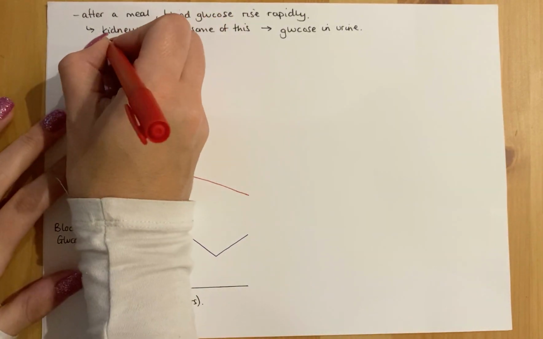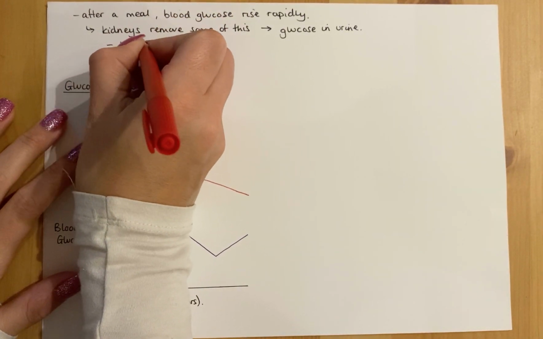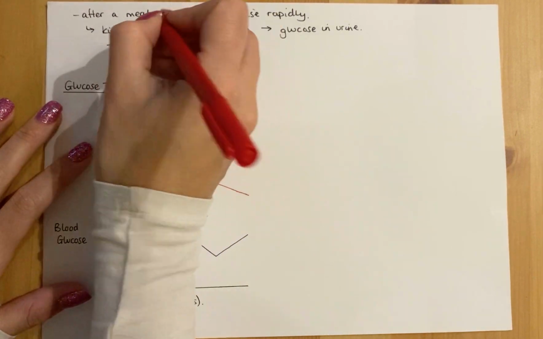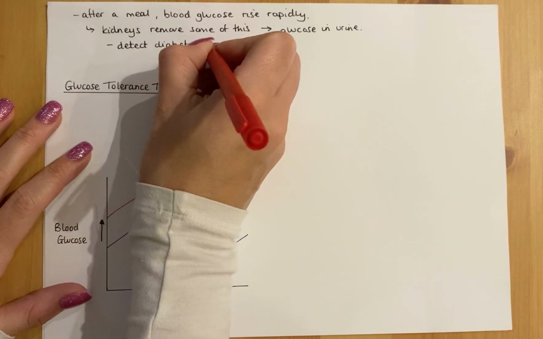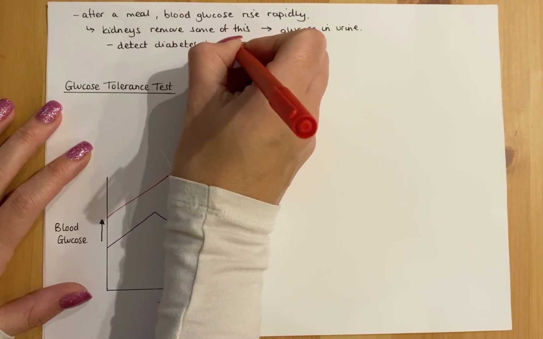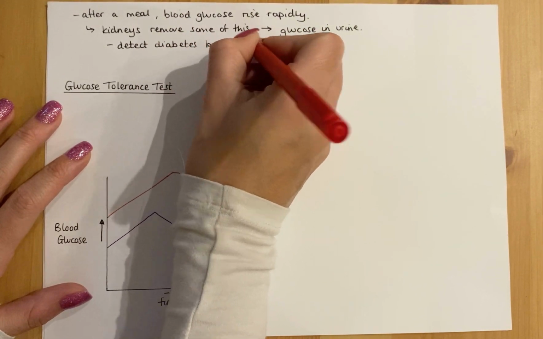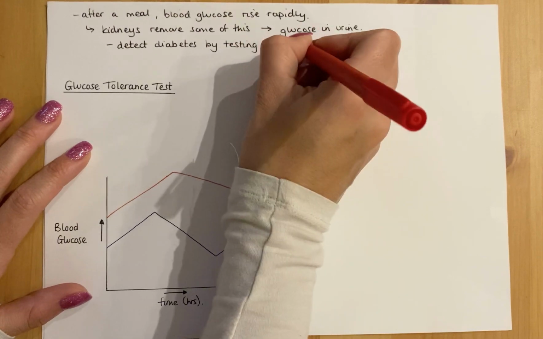So what we can do is detect, or basically predict, whether a person has diabetes by testing the urine for glucose.